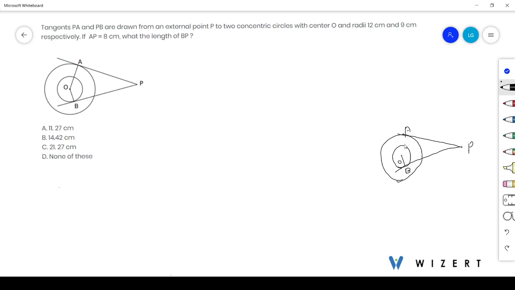OB is the radius of the smaller circle and OA is the radius of the bigger circle.